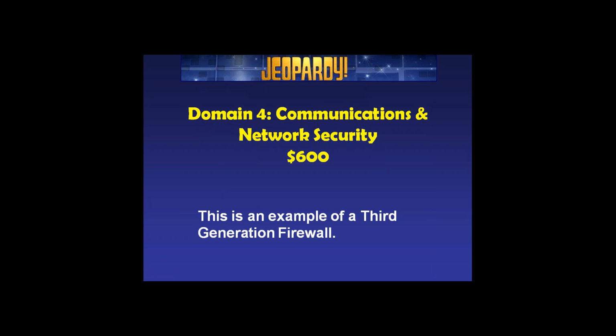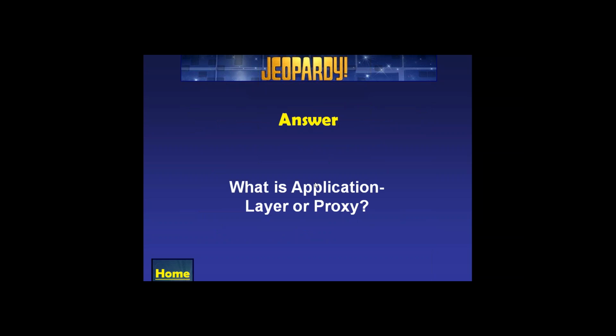Third generation firewalls. First correct response is from Becky the Terminator. Application layer firewall. Application layer firewall is a third generation firewall. They're similar to packet filters, and they can be a type of proxy firewall.